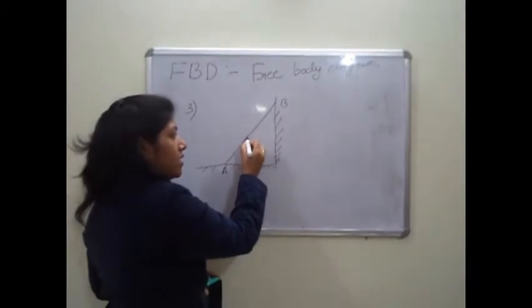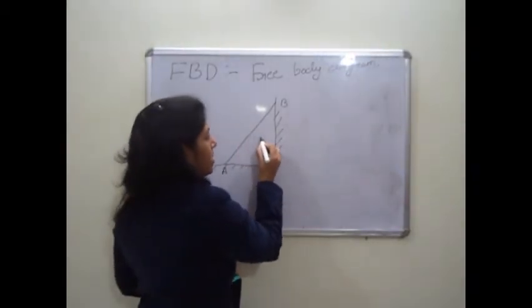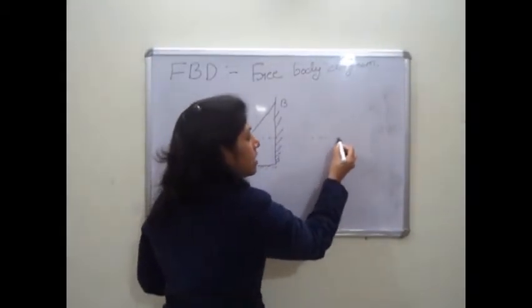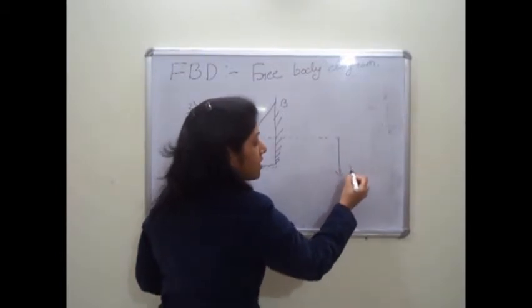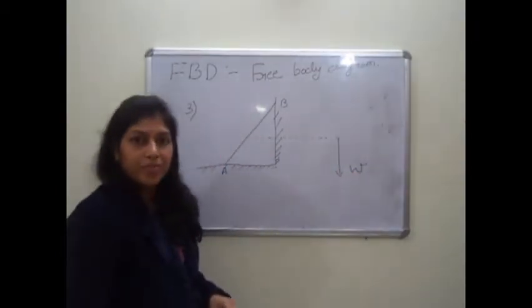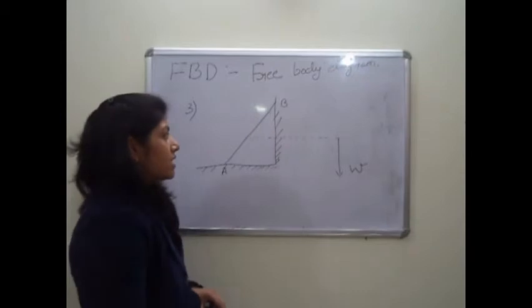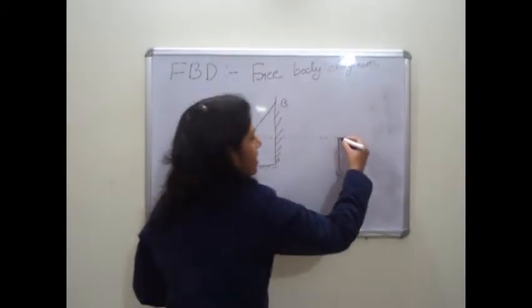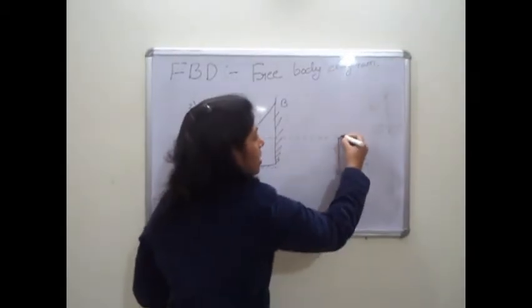Firstly, at the midpoint of the bar, always the self weight, as we have to consider the whole ladder.